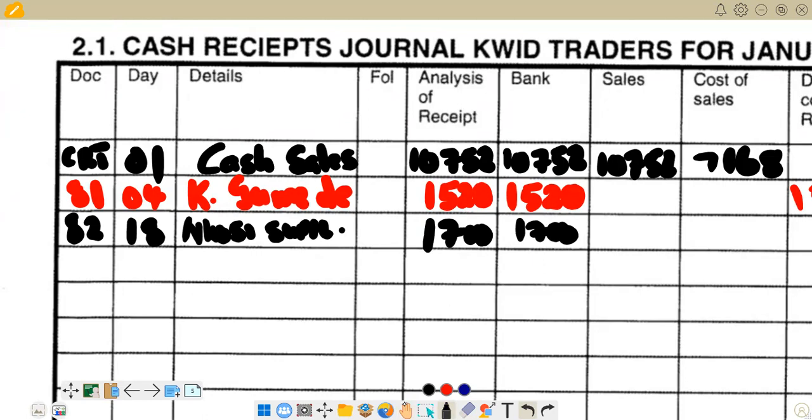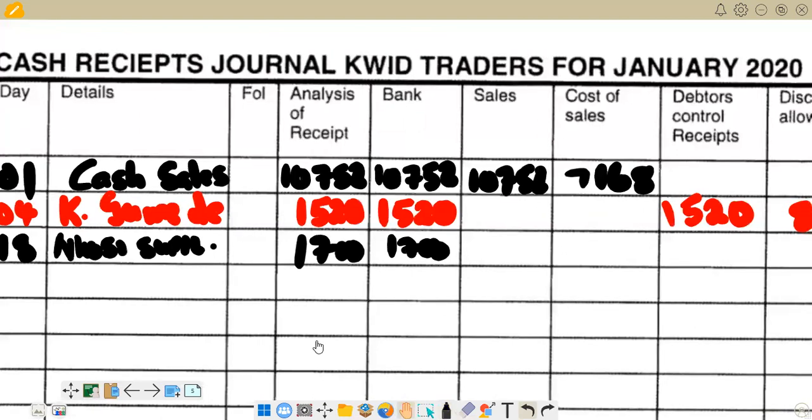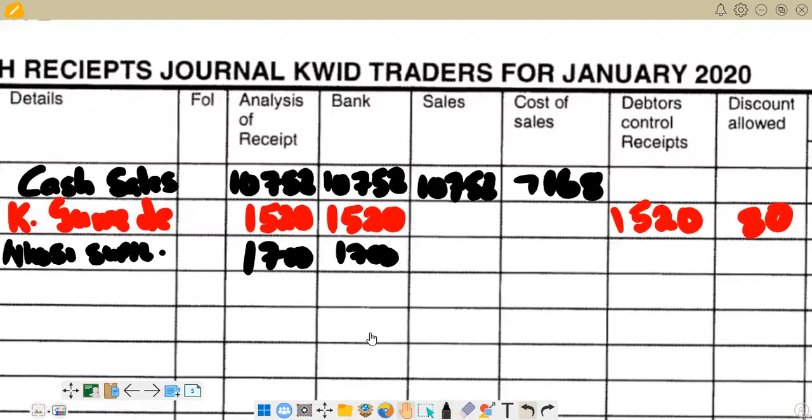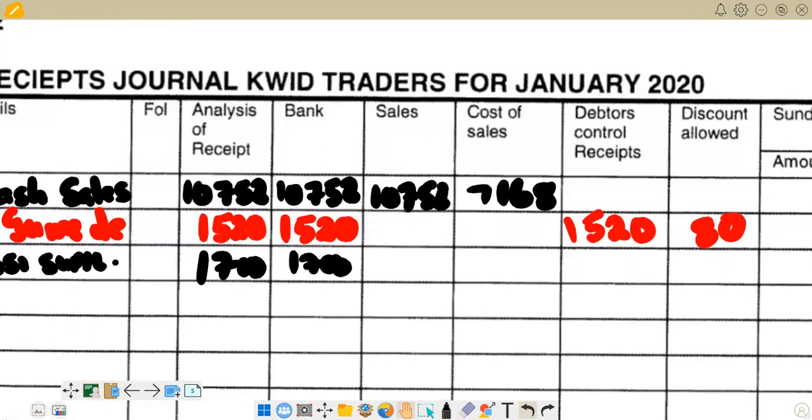So if you look at our columns here, from where we have sales to where we have discount allowed, you see that we don't have a column for creditors control. So since we don't have a column for creditors control, please, that amount we put in the sundry accounts column.